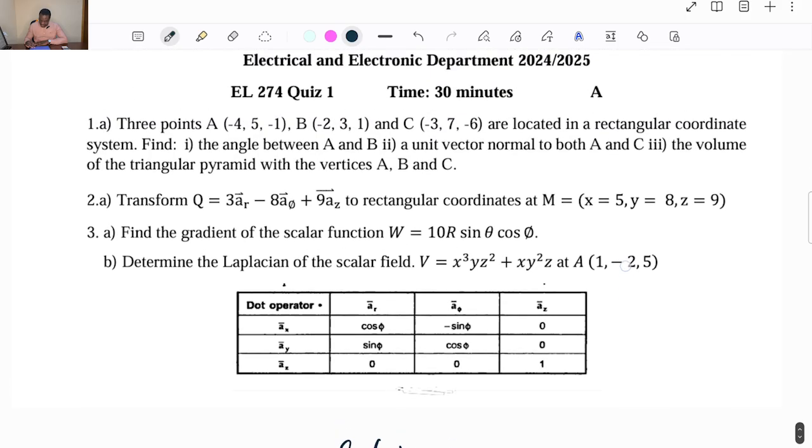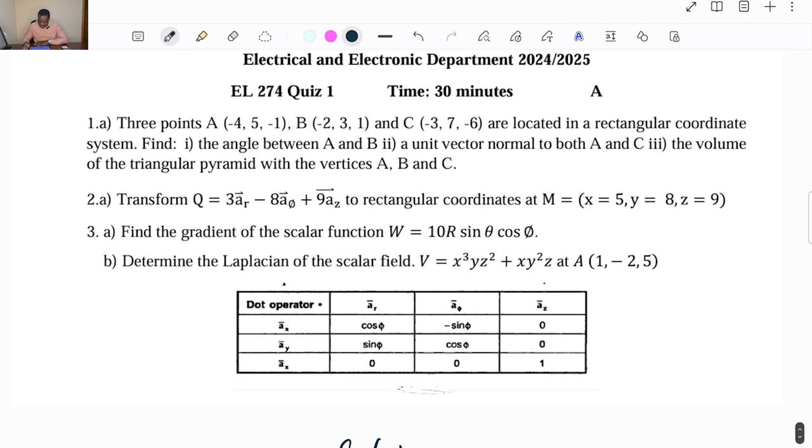They are located in a rectangular coordinate system. Find I, the angle between A and B. II, a unit vector normal to both A and C. And then the last one, III, the volume of the triangular pyramid with vertices A, B, and C.